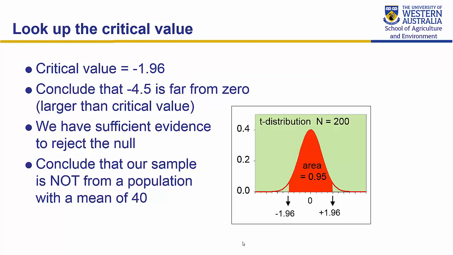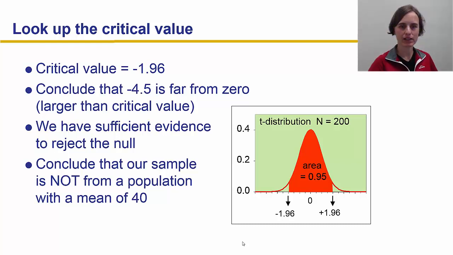I've shown that here in a bit of a graph, which may clarify it. What we're interested in is where 4.5 falls relative to that certainty level of 95%. Now we've just seen that the critical value is 1.96 and 4.5 is much larger. It's larger than the critical value, which, me as a statistician, says that it's far enough from zero to reject that null hypothesis.